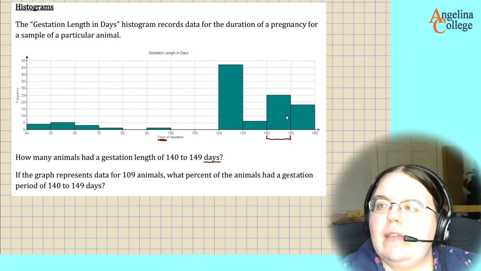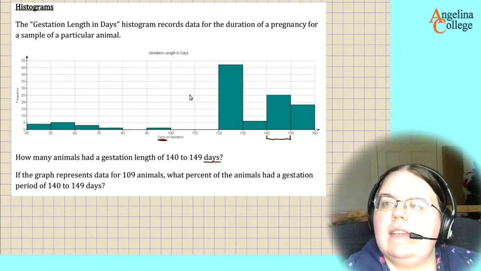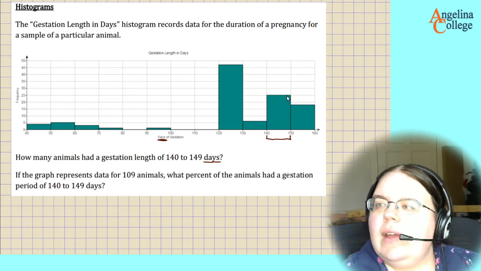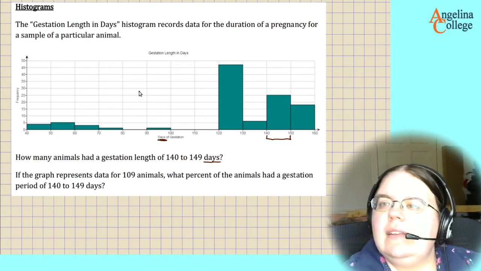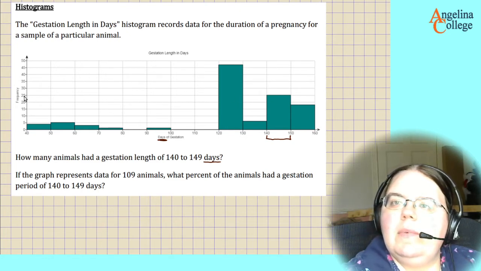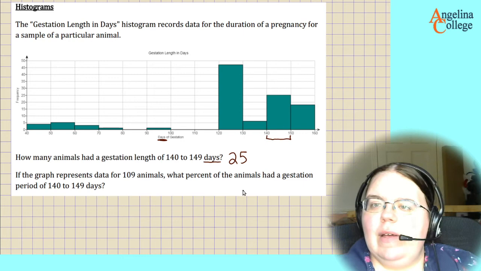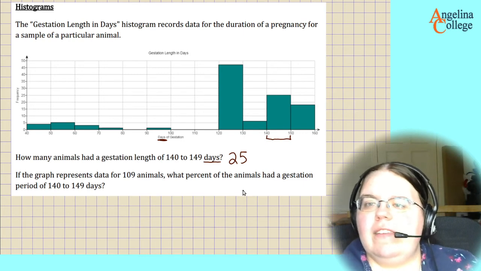So that'll be this bar here, and then going across to see how many that is. It looks like it's right on the grid line. Let's see, all the way across brings us to 25. So that looks like out of this sample, 25 of the animals had that gestation length.